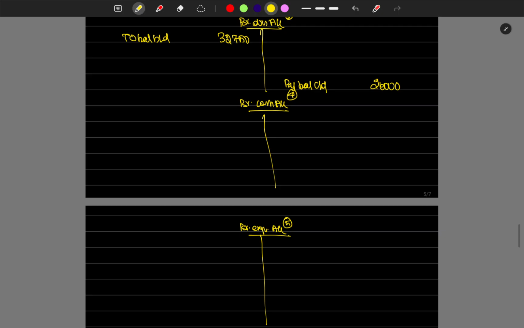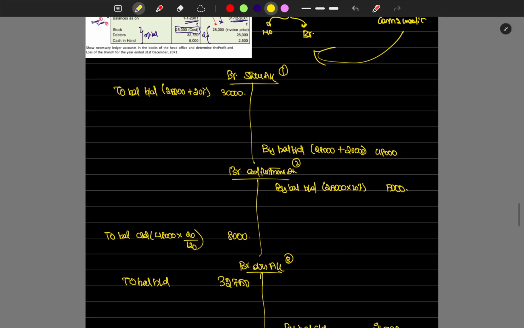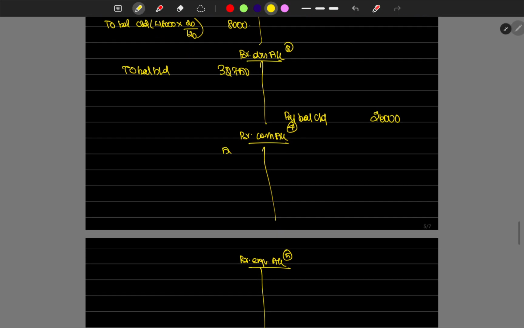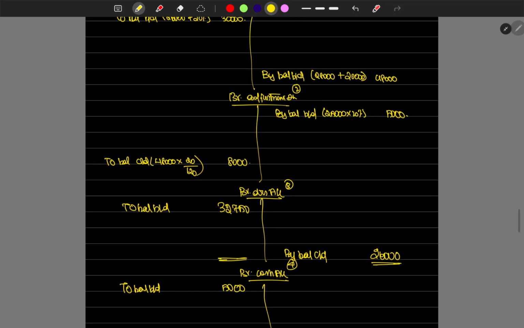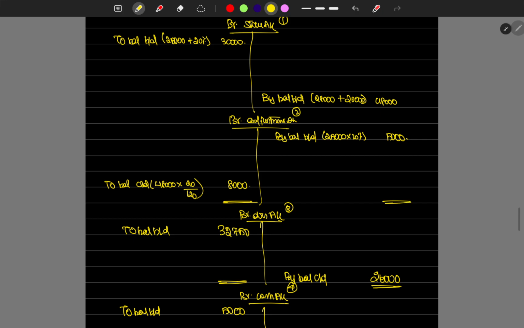Let's go to cash, which is 5,000, 2,500. To balance brought down by balance carried down.